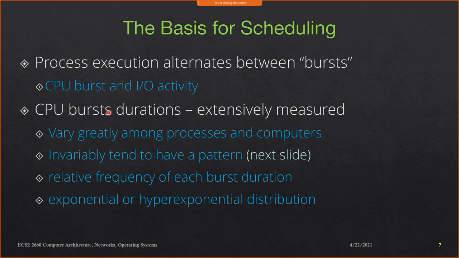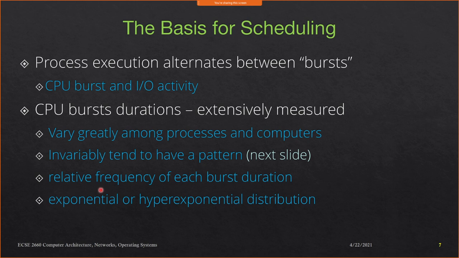CPU burst durations have been extensively measured and they have been reported. What people have found is that they vary greatly among processes and computers. They invariably tend to have a pattern, and we'll talk about what that pattern is and how the distribution of CPU bursts looks on the next slide.